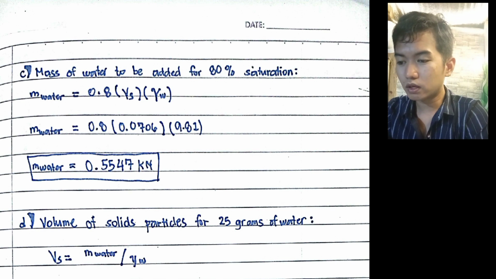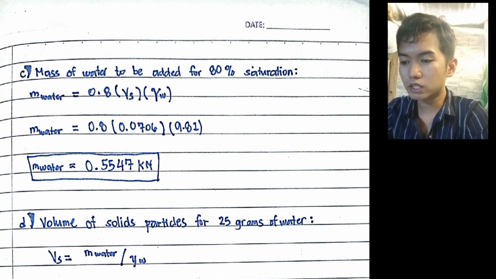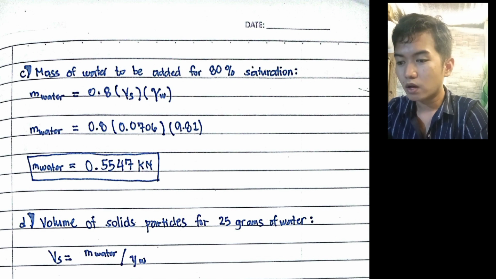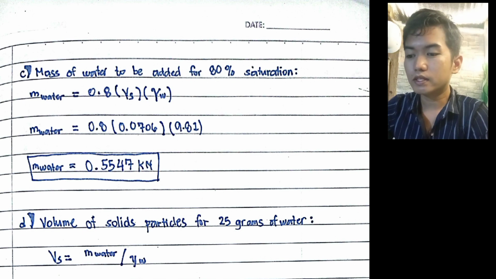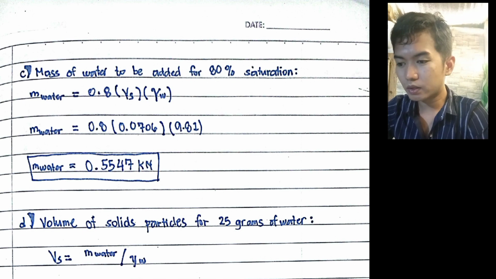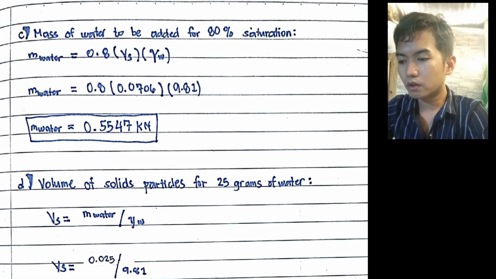Substituting, M_water = 0.8 times 0.0706 times 9.81, which gives our answer of 0.5547 kilonewton.